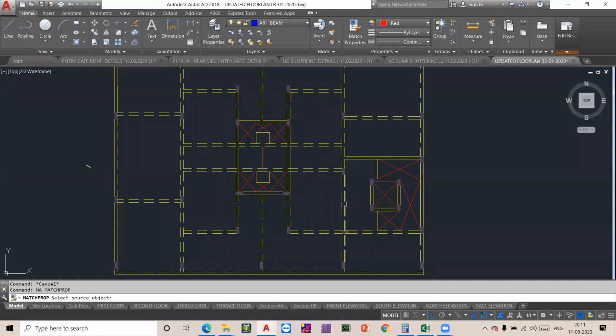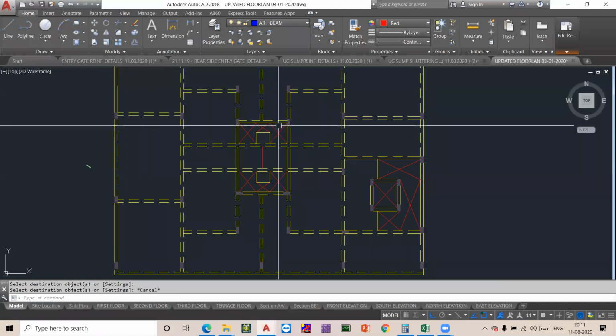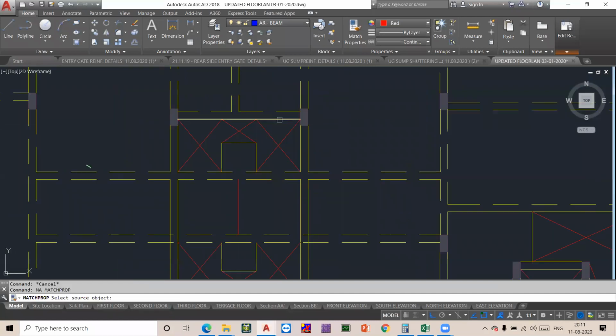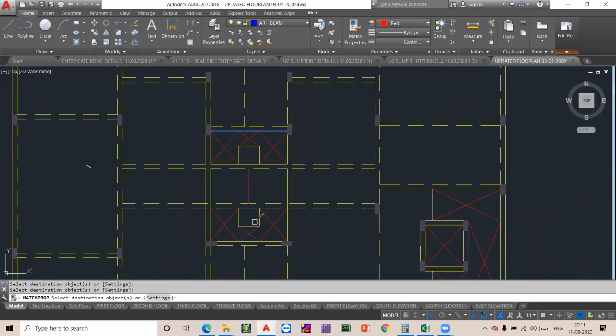Only the beam edges that are concealed within the slabs will be hidden. Otherwise, the beam faces will be visible. So this face will be a firm line and visible, and all of these faces will again be visible. This will be visible. This face will be visible.